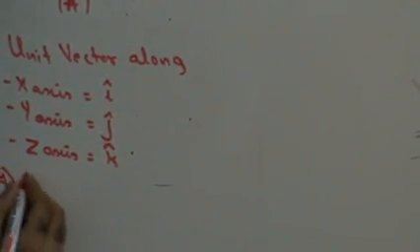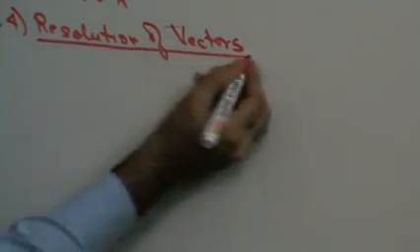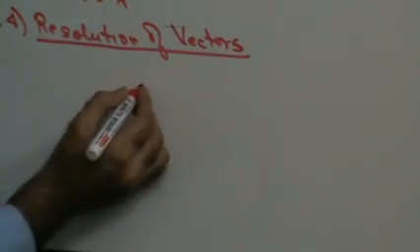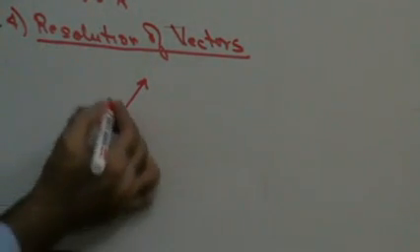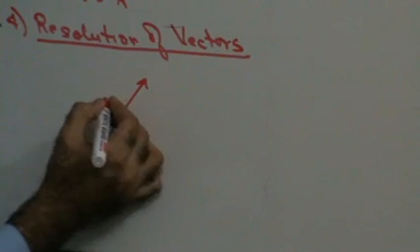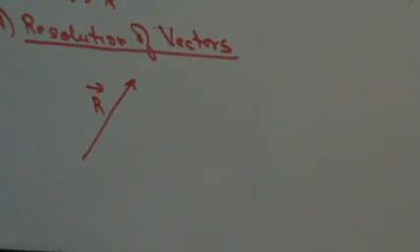Next, resolution of vector. So far we were seeing how to add 2 vectors to get one resultant vector. Suppose they give me a vector, say R vector, and I want to find out what this vector is made up of.